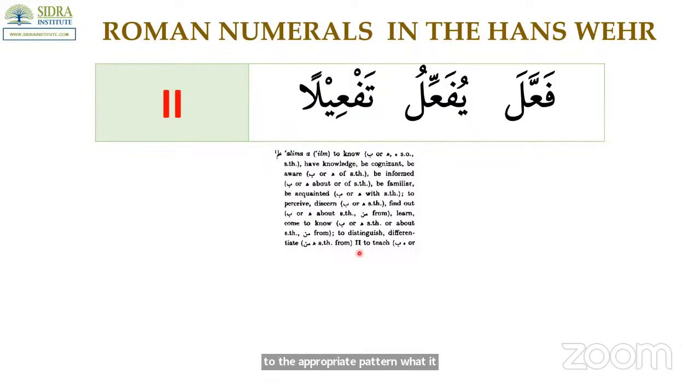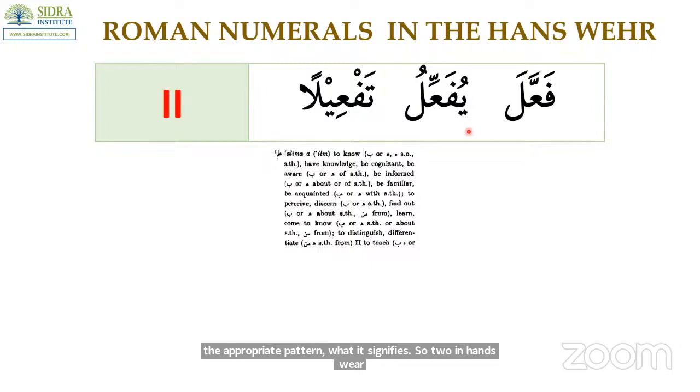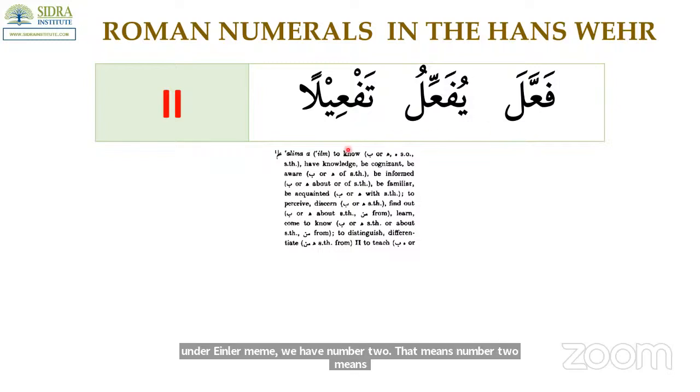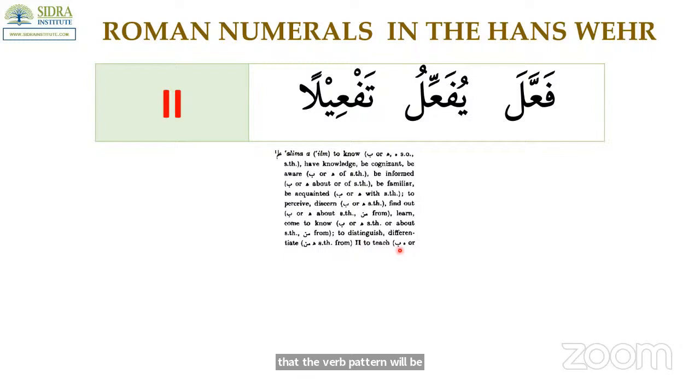So 2 in Hans Wehr signifies this verb pattern, fa'ala yufa'ilu taf'il. Under Ain Lam Mim, number 2 means the verb pattern will be allama yu'allimu ta'lim, and it will mean to teach.